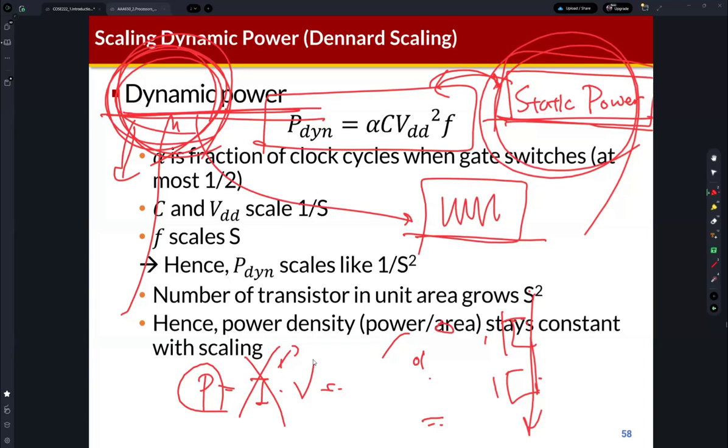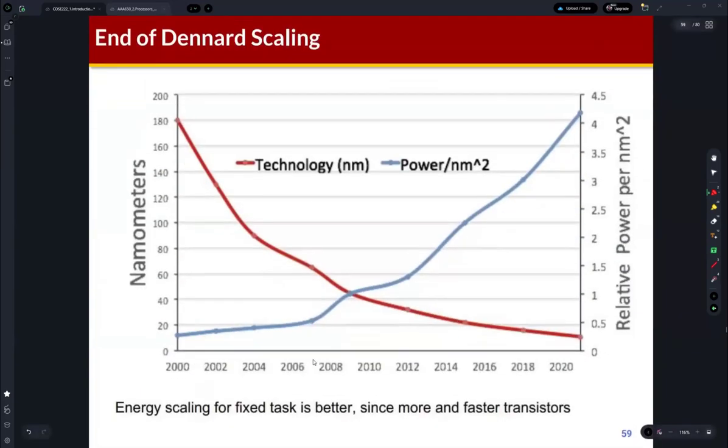Okay. Because of this, even though we use advanced semiconductor technology, we cannot benefit from the power consumption. We cannot.